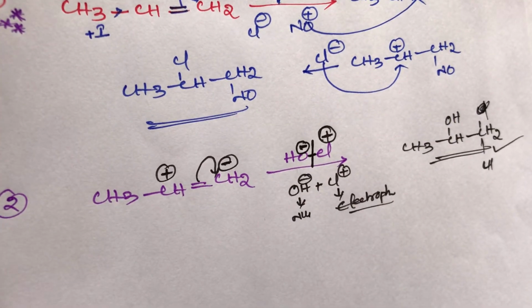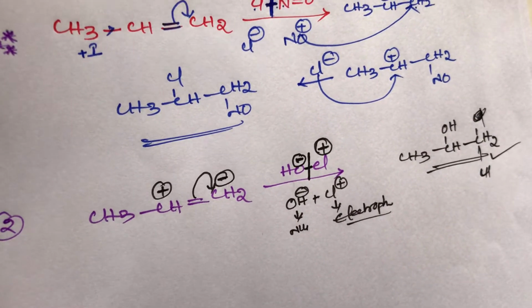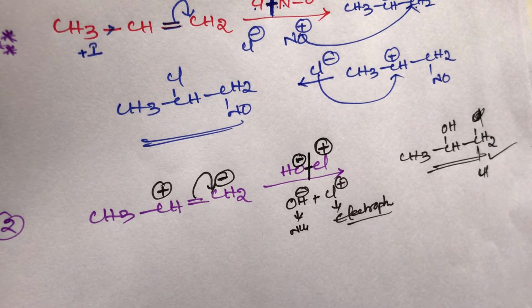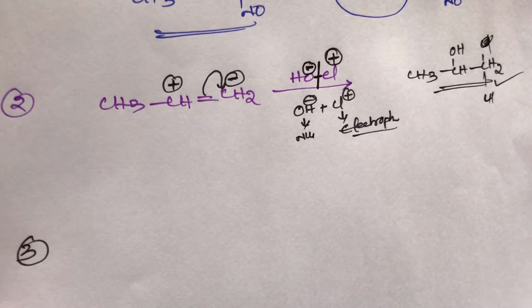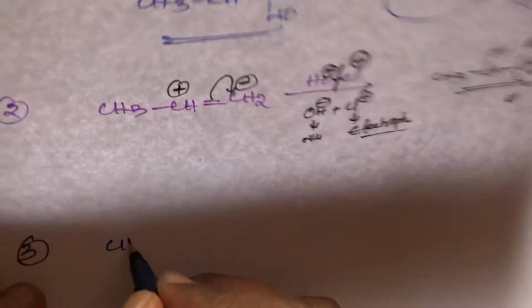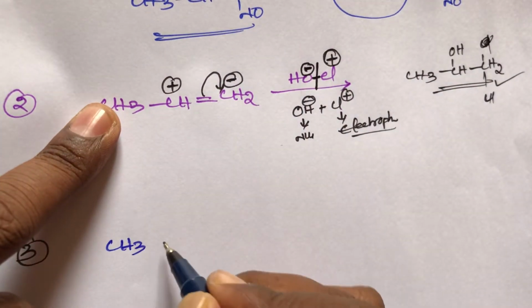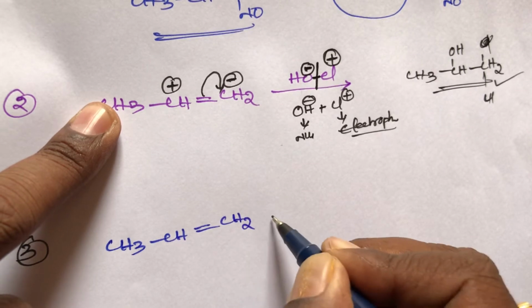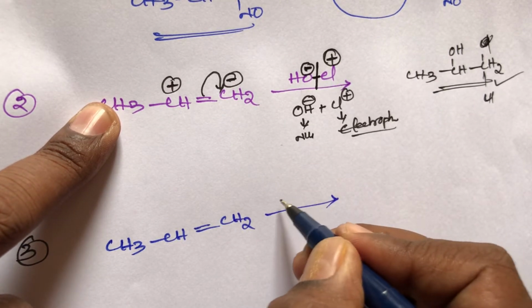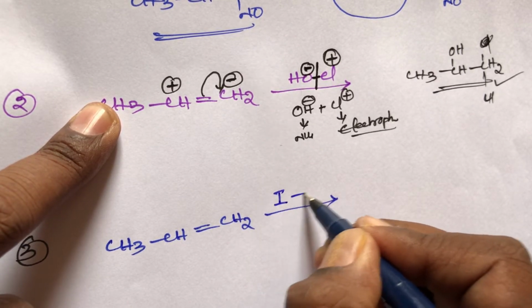The next one, students, is ICl, an interhalogen, where an interhalogen bond is present. Now the third one is CH3 CH double bond CH2 in the presence of ICl.